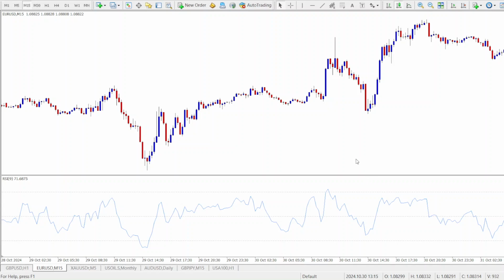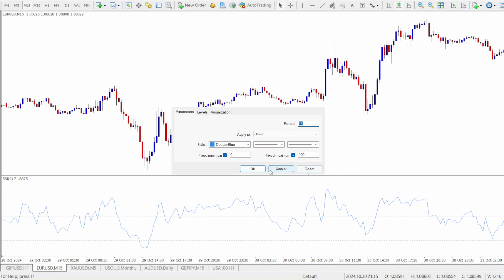First, let's briefly talk about what the relative strength index, or the RSI, is. The RSI is a momentum oscillator that measures the speed and change of price movements. It helps identify overbought or oversold conditions in a market, which can signify potential reversals. Let me just change these settings to the default.